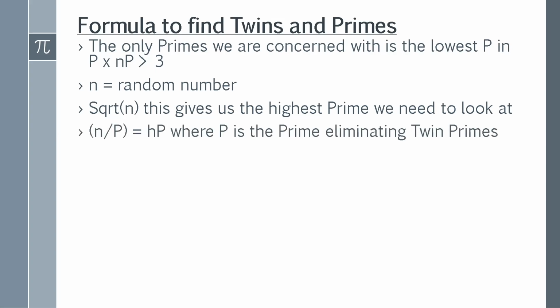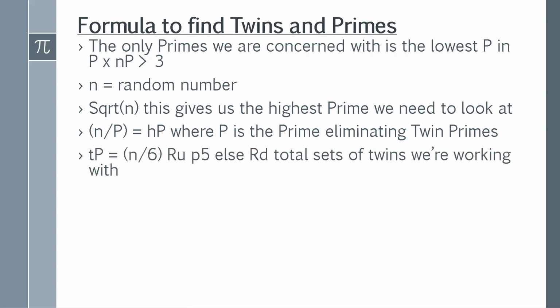Then I'm going to take that set of primes and take my number divided by that prime, and it gives me the highest multiple of that prime that I can use to eliminate the twin primes.